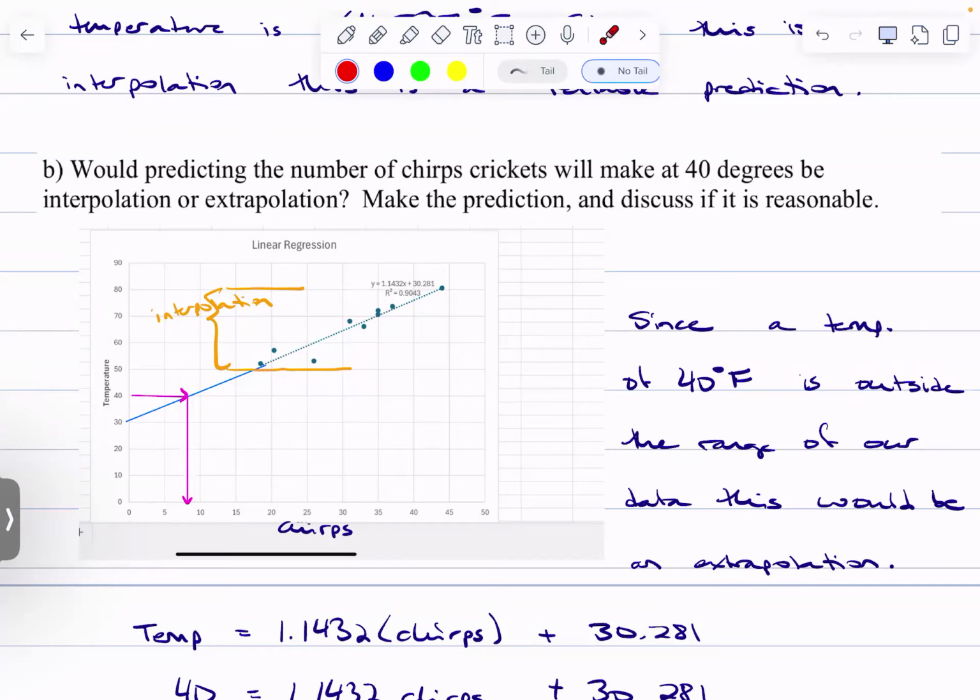But I'm going to hinge it on it being an extrapolation. In these scenarios, discuss if it's reasonable. You can sell me either way, as long as you mention that it's an extrapolation and so it's unreliable. But then you could follow it up and say, but it seems reasonable that a downward trend would apply or something like that.